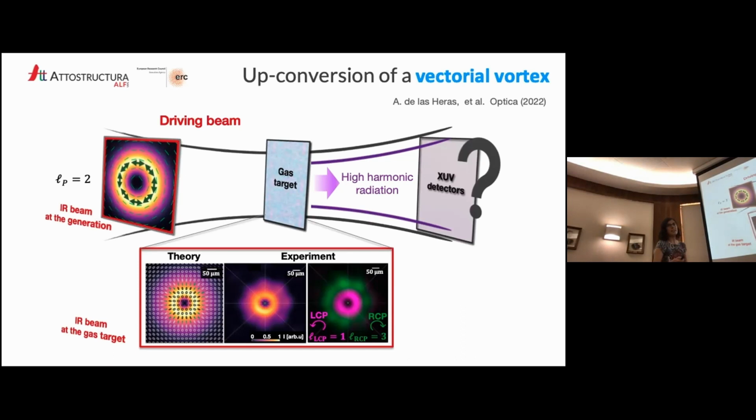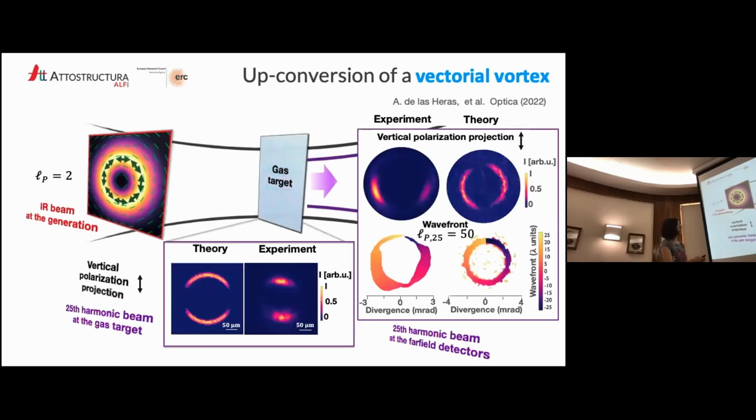But the question is, despite the fact that a vectorial vortex is not an eigenmode of the propagation operator, so that we have all this complexity, can we generate an extreme ultraviolet vectorial vortex from an infrared one? And the answer is yes, we can, because high harmonic generation is only efficient in this region of low ellipticities. And so the harmonics are generated mainly with a linear polarization and a much simpler profile at the gas target.